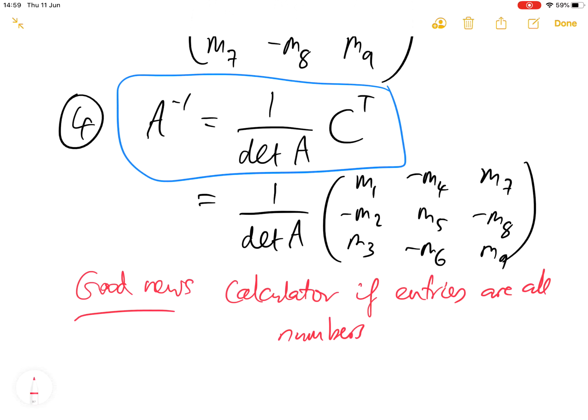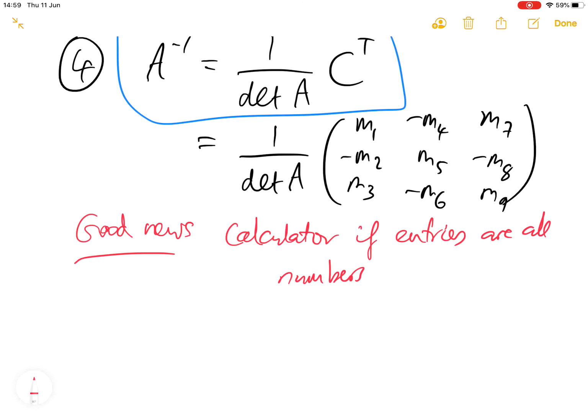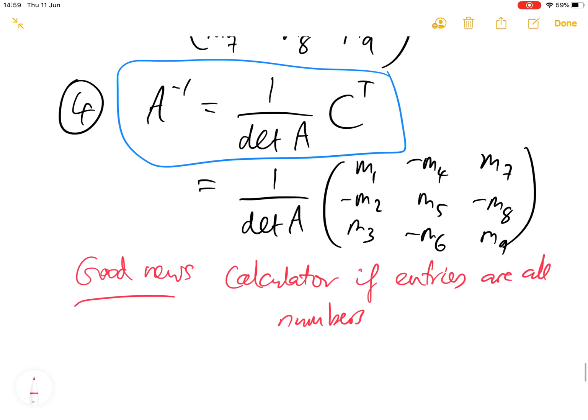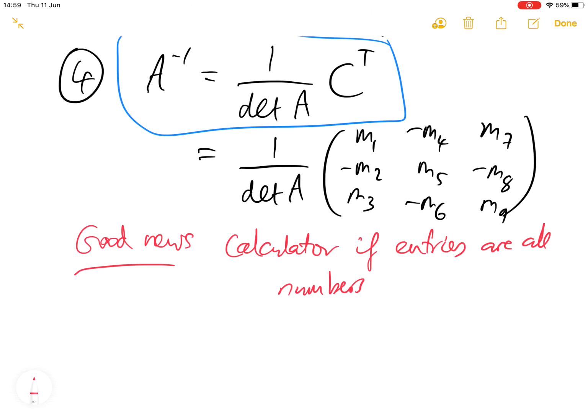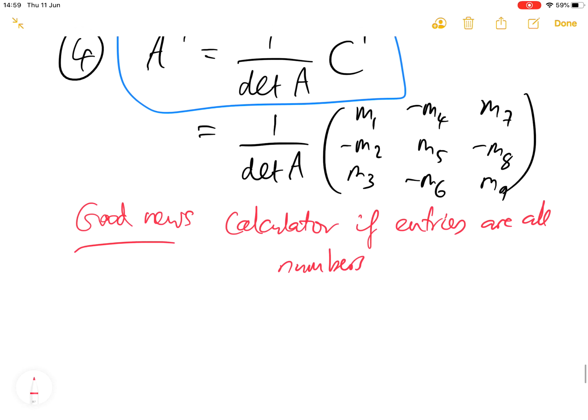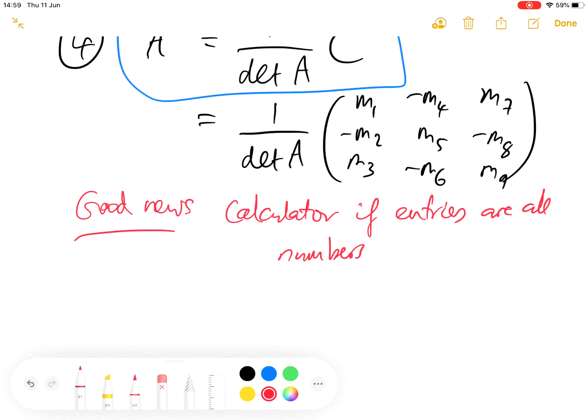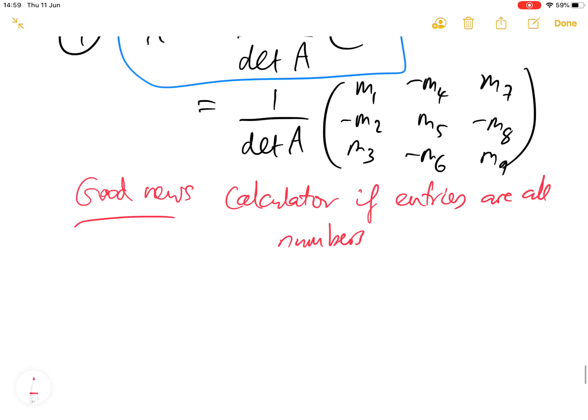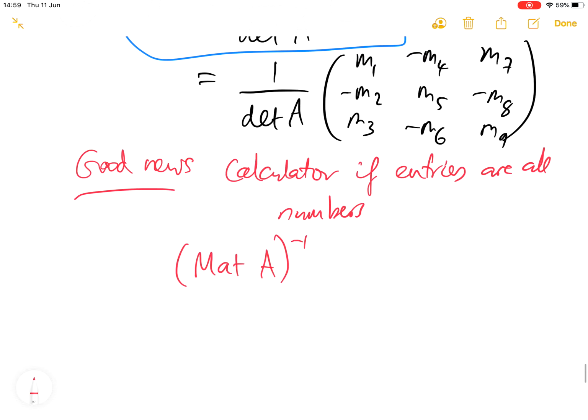So if there's nothing in terms of k or another unknown, you just plug it in your calculator. If, however, you have something that has an algebraic unknown in it, you have to do this process. Oh, by the way, if you're using your calculator, I think there's a mat button somewhere. You have to do mat A inverse, something like that.